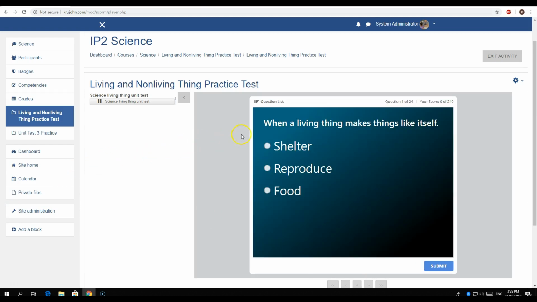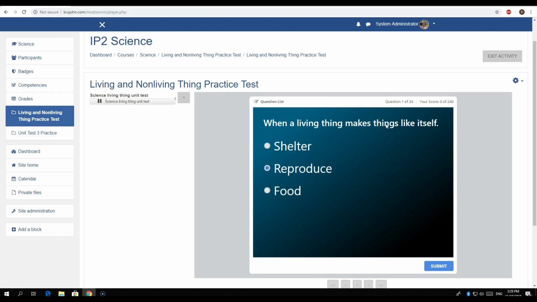Okay, so our first question is, when a living thing makes things like itself. If we think about living things, what are some that we know? Well, people are living things, and we reproduce by having babies.